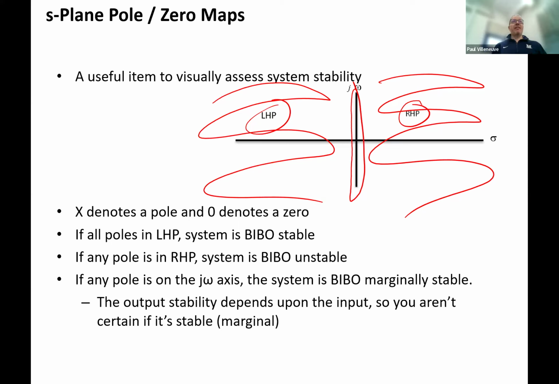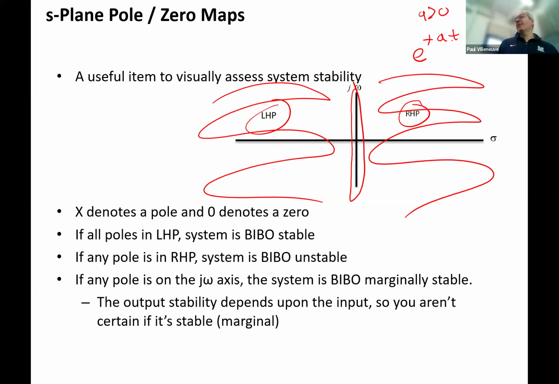If you have a pole in the right-hand half plane, it doesn't matter what the input is, the system is unstable. So that's why it's irrelevant to know what the input is. If it's got a pole in the right-hand half plane, it always is going to be an unstable system, even if we have one pole on the left and one pole on the right. The reason is, if you remember from your Laplace table, if I have one pole here, this becomes e to the positive at. A has to be greater than 0 for it to be in the right-hand half plane. And you can see as t increases, what does e to the at do?